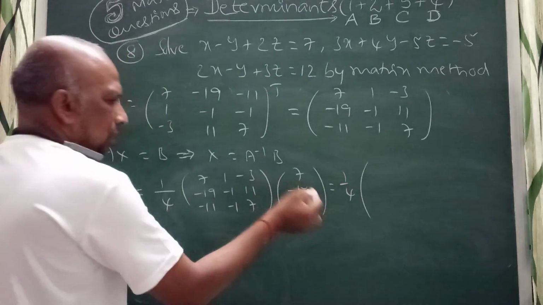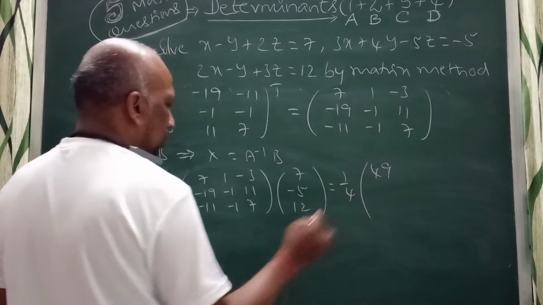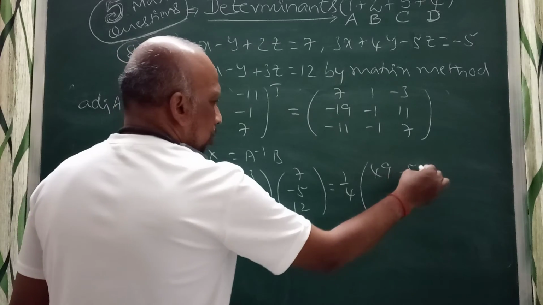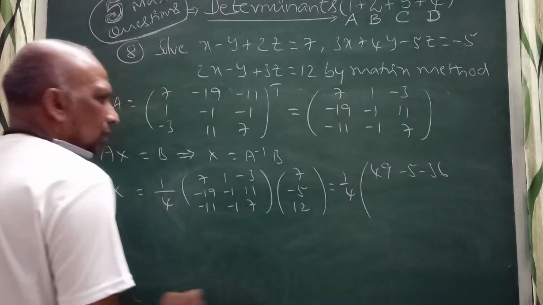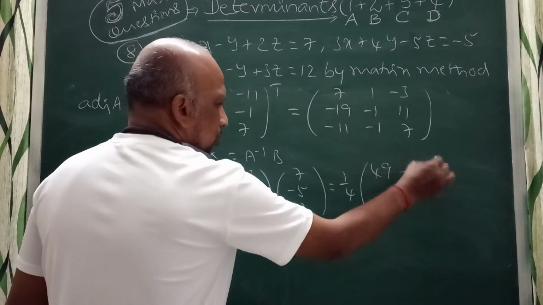You can multiply this. We will get 49 minus 5 plus 36. Correct. This will be 36.